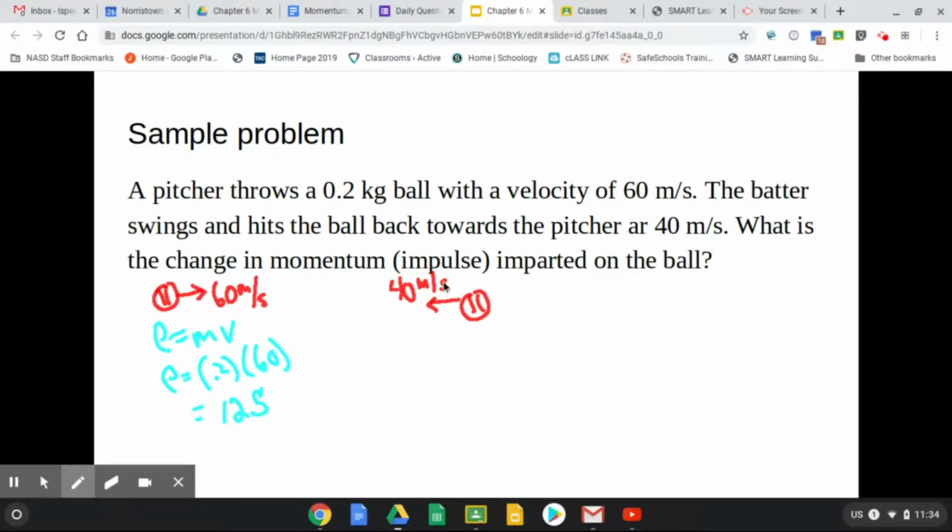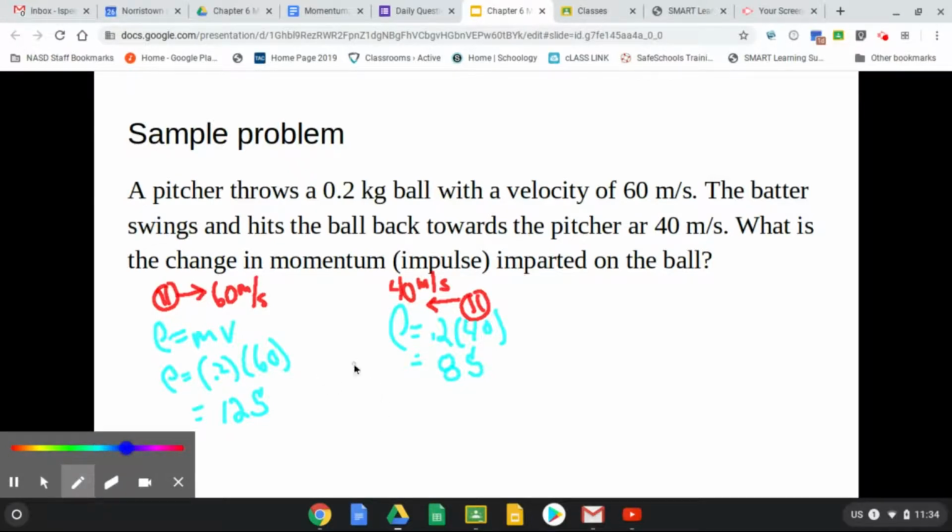The hit baseball still has a mass of 0.2, but now it has a velocity of 40. So we have a momentum of 8 spheres.